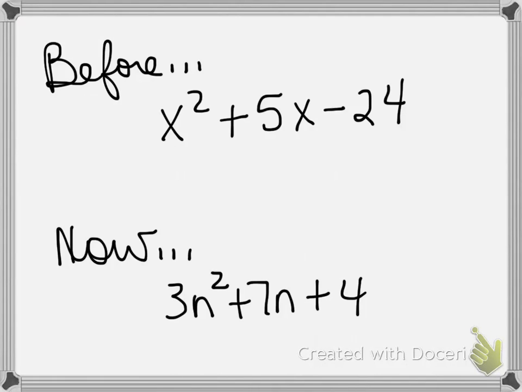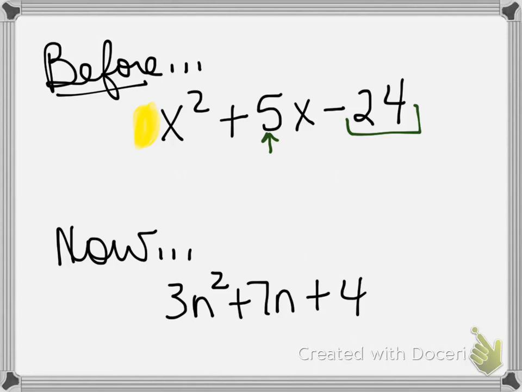So, to recall, last lesson what we did was factoring, and there was nothing in front of x squared. Right here, there's nothing there, which means we know that's really just a 1. So when we factored this, we said, what multiplies to give me 24 and adds to give me 5?